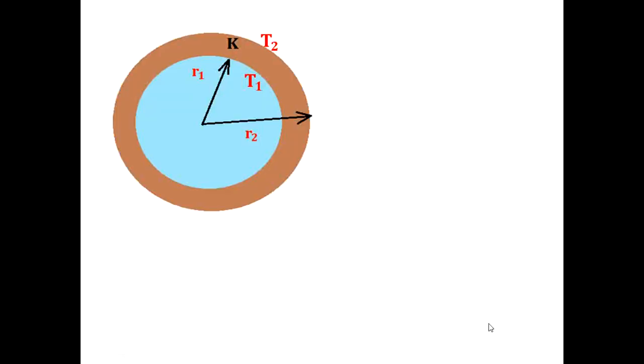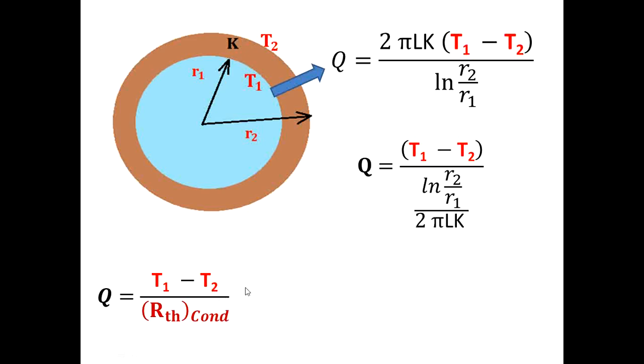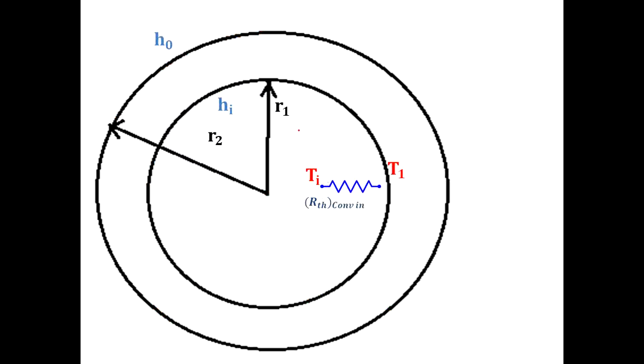Note down this diagram, R1 and R2 maintained at temperatures T1 and T2, with heat transfer like this. Already I have explained thermal resistance. You get the thermal resistance due to conduction, ln R2 by R1 divided by 2 pi L k. Sketch: if you have a hot fluid here, either hot water, hot gas, or oil, it will have a heat transfer coefficient h.